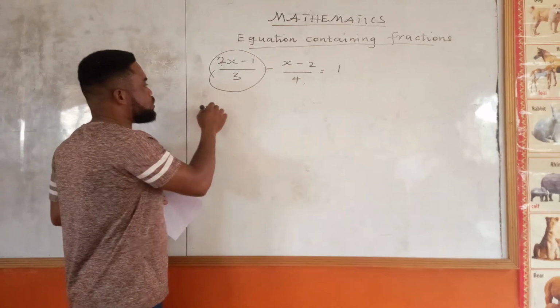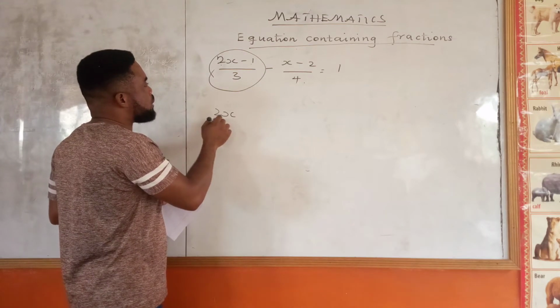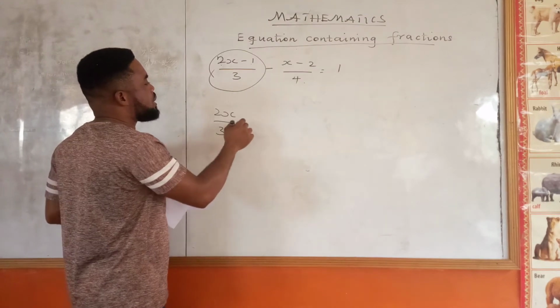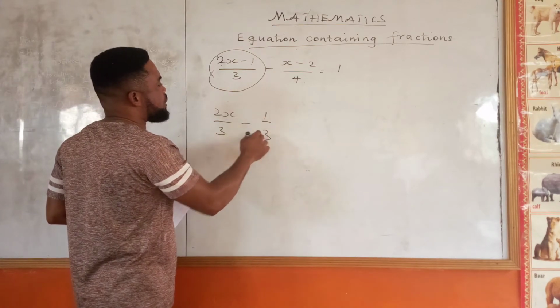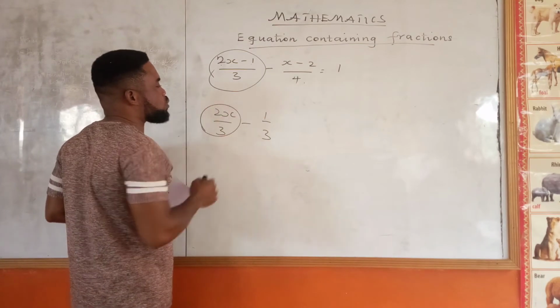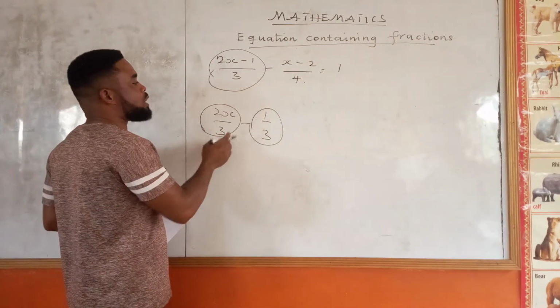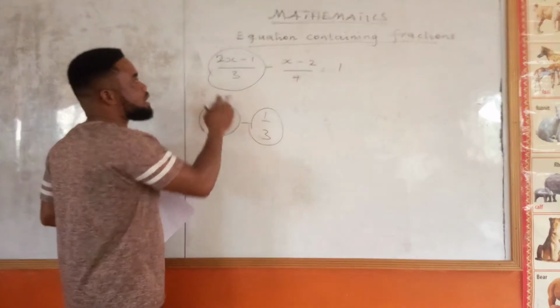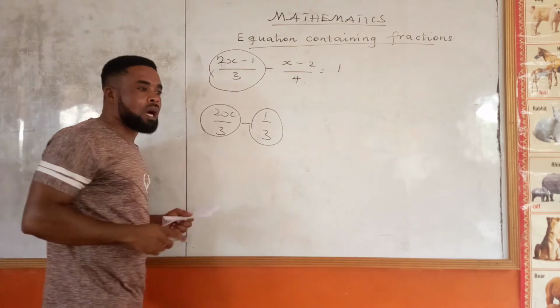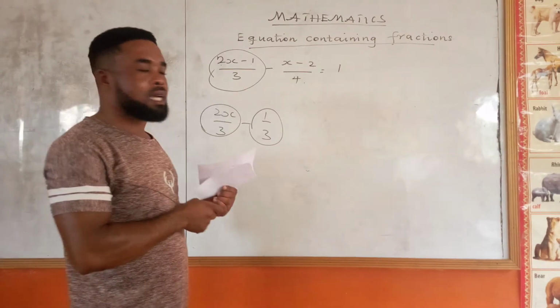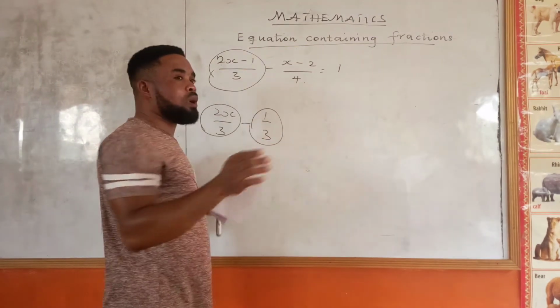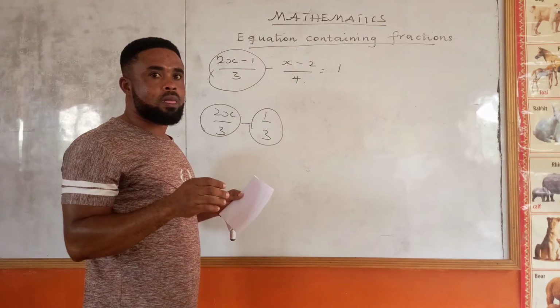Otherwise, it should be 2x over 3, then minus 1 over 3. Then we consider this one as 1 term, and that as the other term. Then you can multiply by this and that. But so long as they are all on one denominator, we multiply by 1. Then we are off we go.